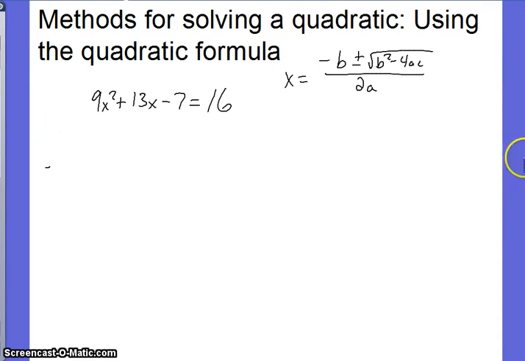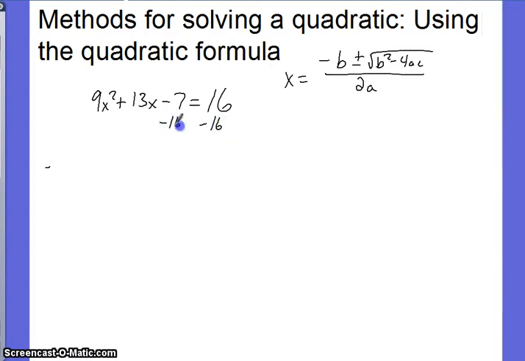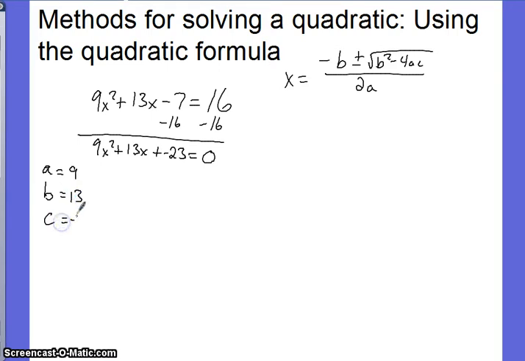So the first thing I need to do is put that in solvable form. So I need to add a -16 to both sides. So now I have 9x squared plus 13x plus a -23 is equal to 0. Now that I have it in this form, I can use the quadratic formula. So I have my A is 9, my B is 13, and my C is -23.